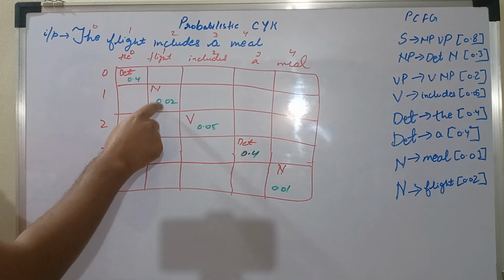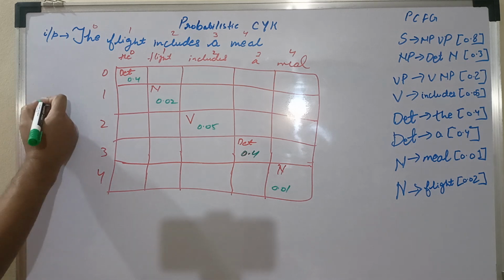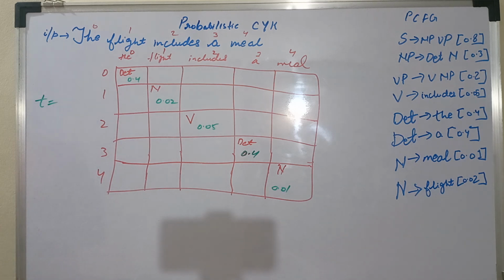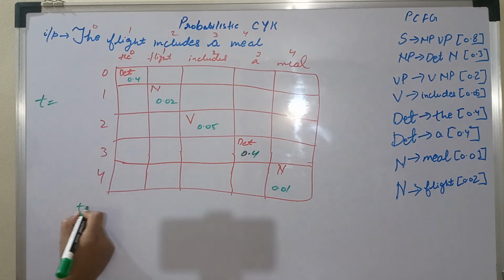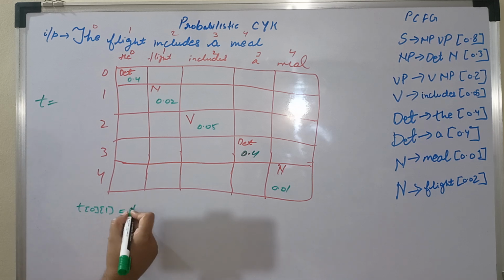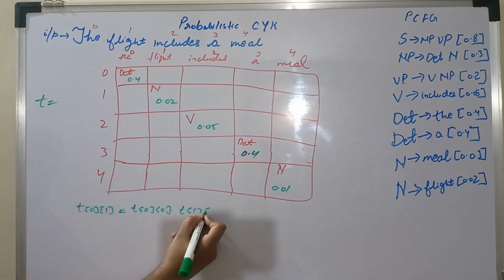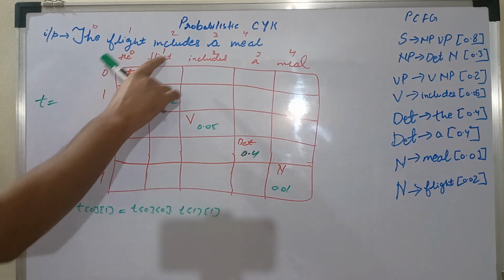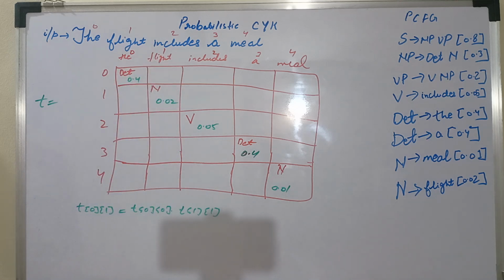Here this has been filled. Now we'll fill this one. Let's call this matrix T, and we fill each of the cells now. What we are filling is 0 1, so T 0 1 can be written as T 0 0 and T 1 1. T 0 0 is the word the, and 1 1 is flight.